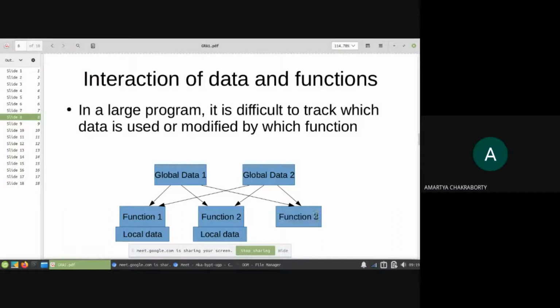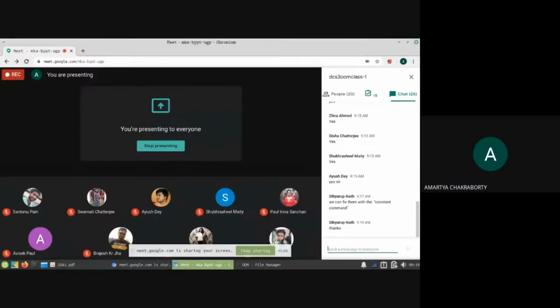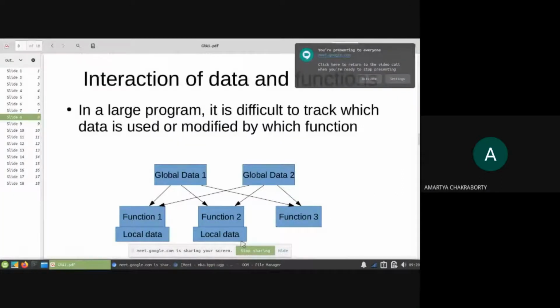So what I'm trying to highlight is that it may so happen that function 3 needs to modify global data 1 or global data 2. Now in such a case, keeping it as a constant would not actually make my work easier, because maybe function 2 and function 3 just need to access the global data and work with their local data. But it may so happen that function 3 has no local data and it needs to work with and modify global data, right?